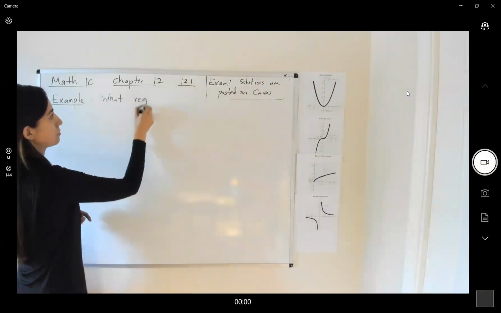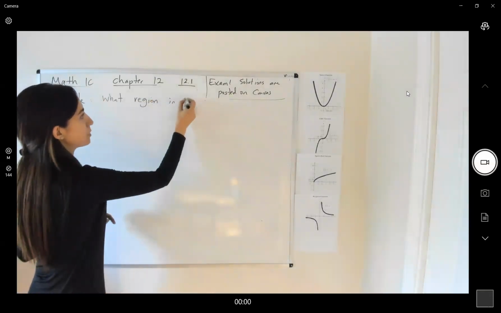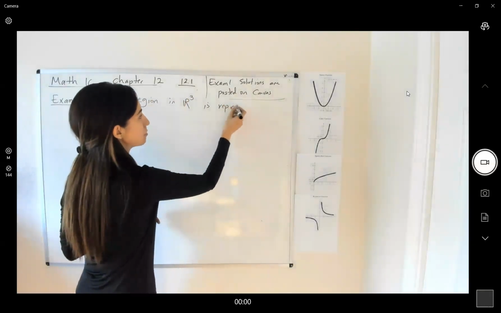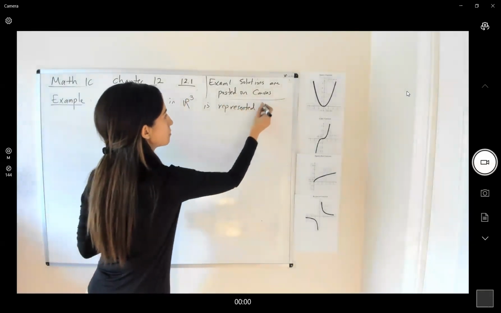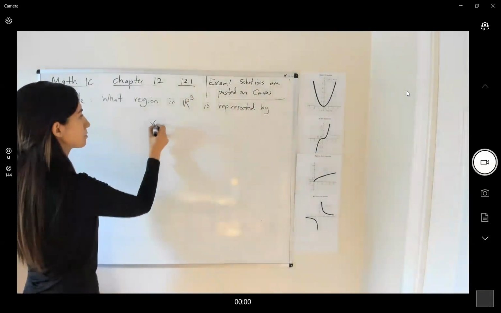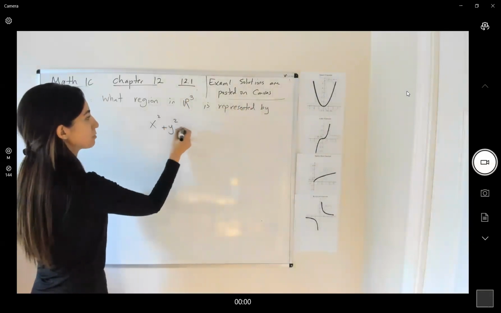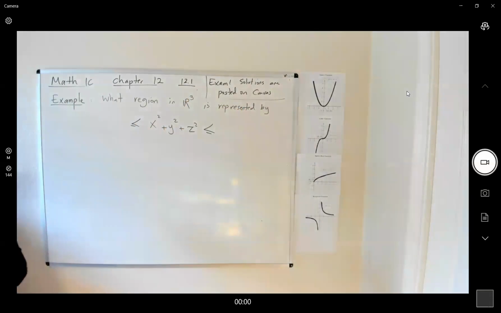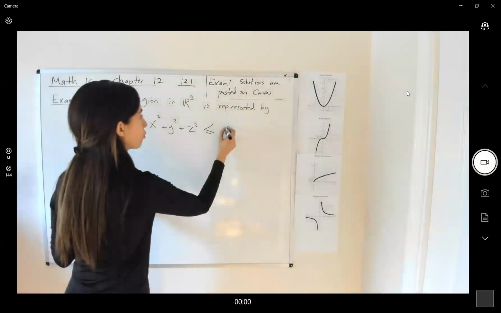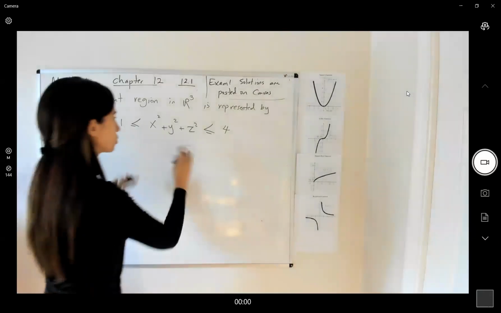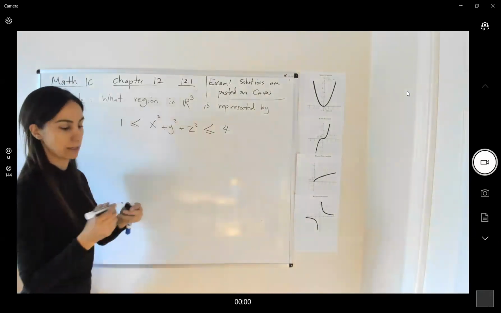What region in three-dimensional space is represented by the following inequalities? So here you have x² + y² + z² sandwiched between 1 and 4. What else do we know? We know that z is... Okay. So let's discuss this first, then we add another condition.